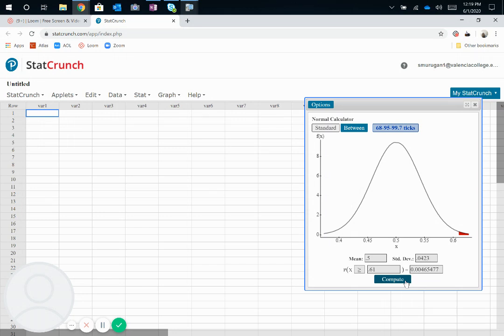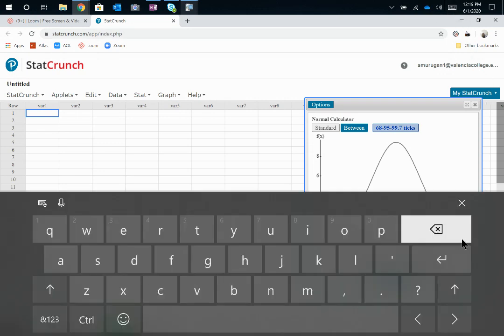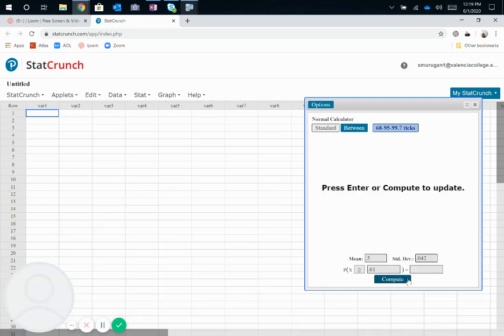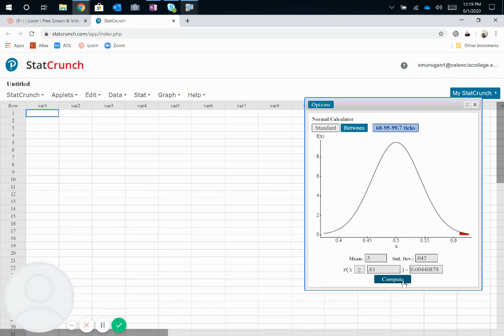Now, it depends on what level of rounding you used. If you took this to 3 decimal places, when you computed your answer it might come out to be, say, 0.0044. All good answers.